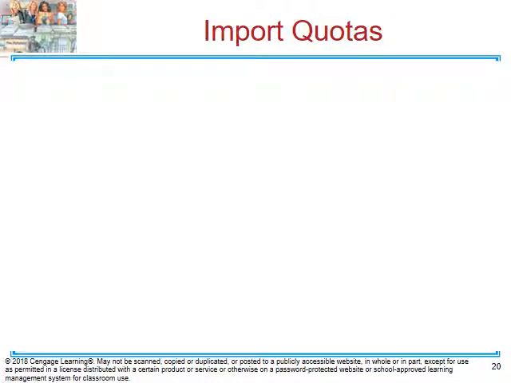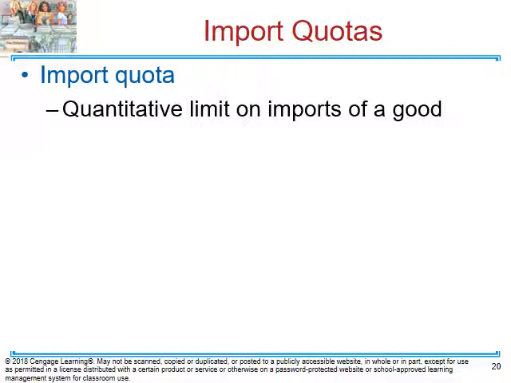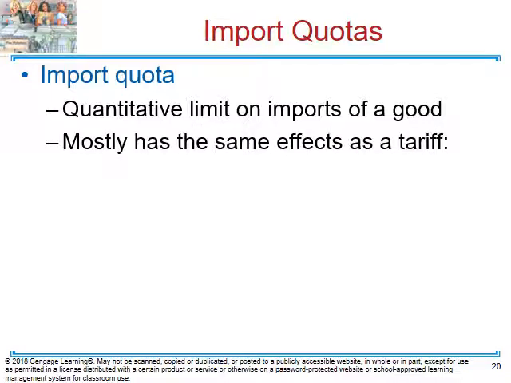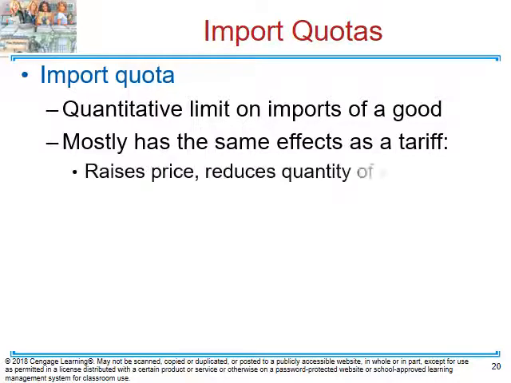Okay, import quotas are not discussed in the chapter, but we will quickly go through it. What is an import quota? An import quota is a quantitative limit on the import of a good. So a country would say, I will only import that specific amount of a good from one country. And its effect is the same as a tariff. So its effect on the consumer surplus and producer surplus is the same as tariffs.